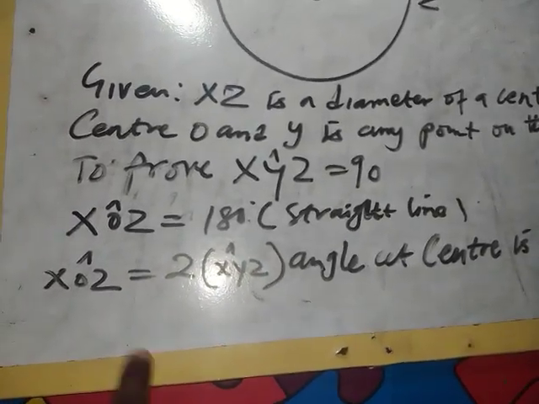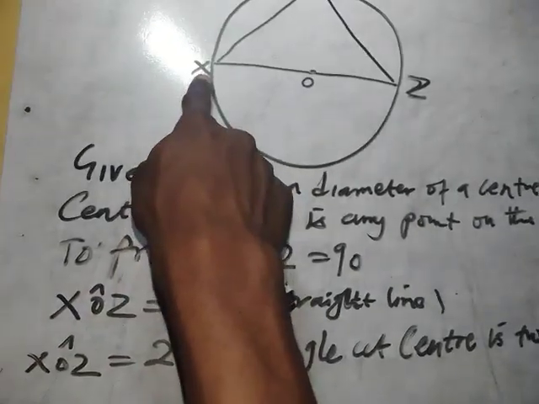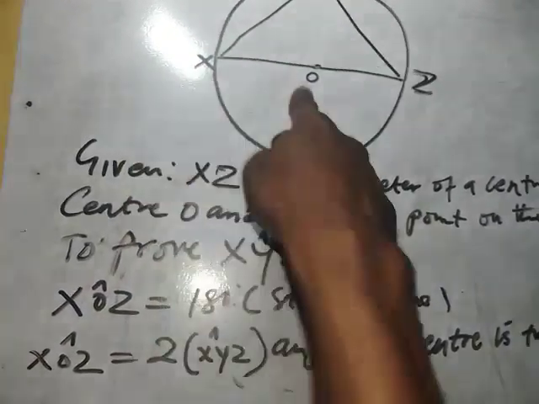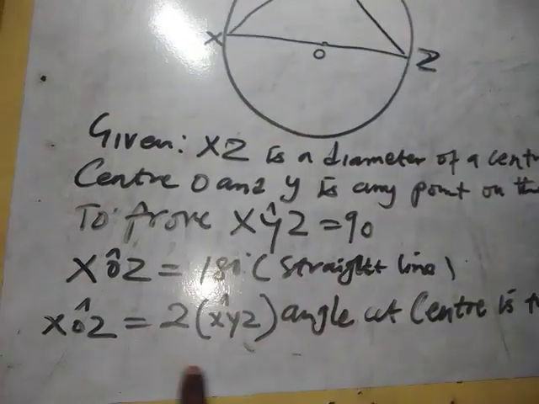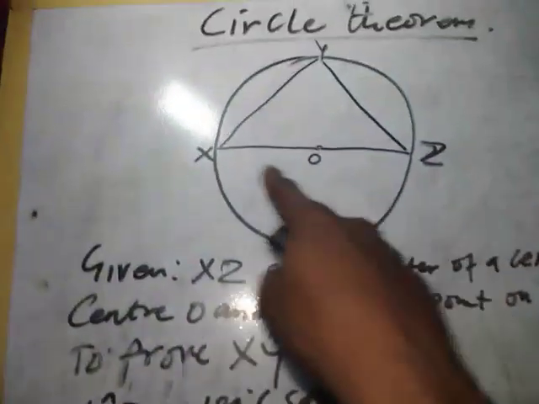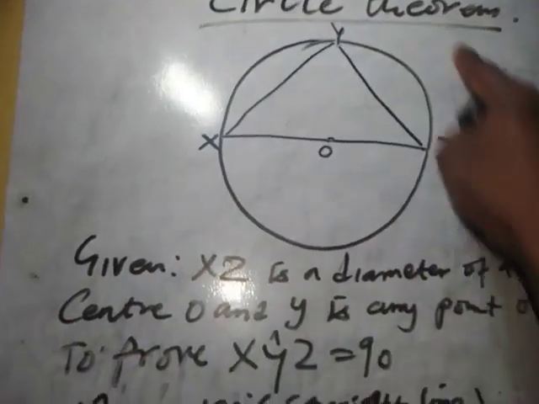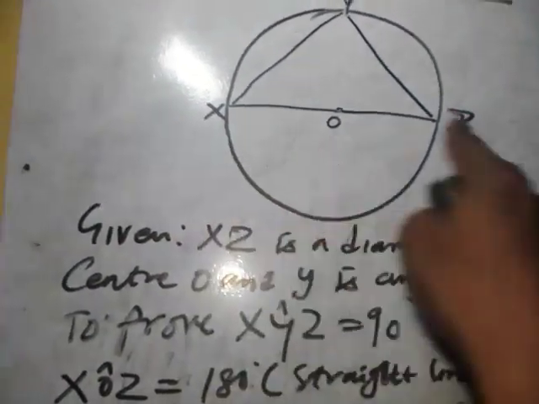So this is the angle at the center, that is angle XOZ, the center angle. It is equal to 2 times the angle at the circumference. The circumference of a circle is this, and the circumference angle here is XYZ. The center angle is XOZ.